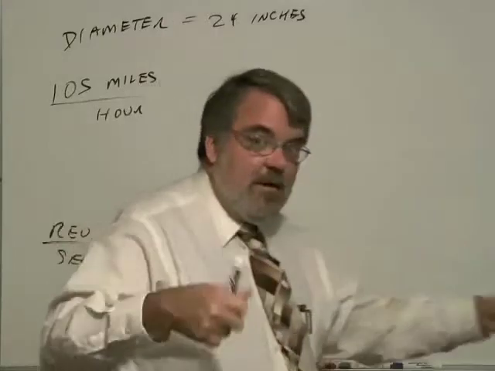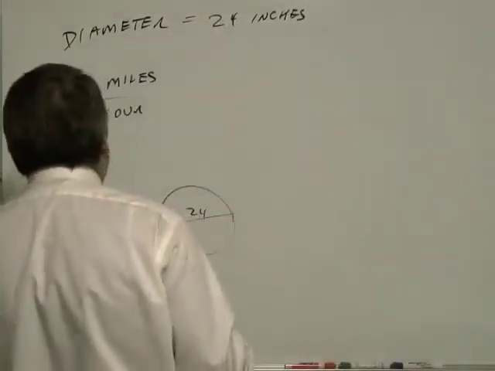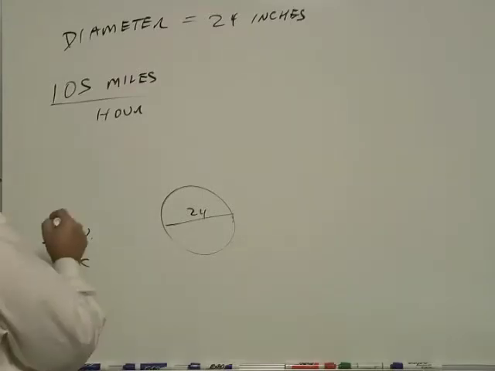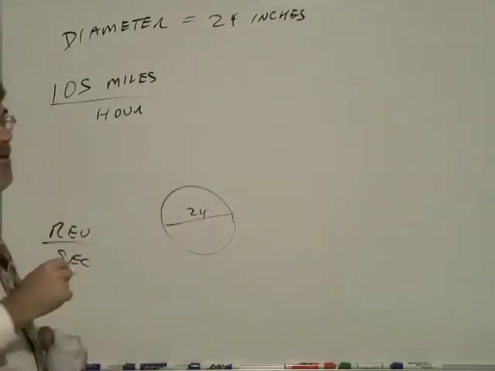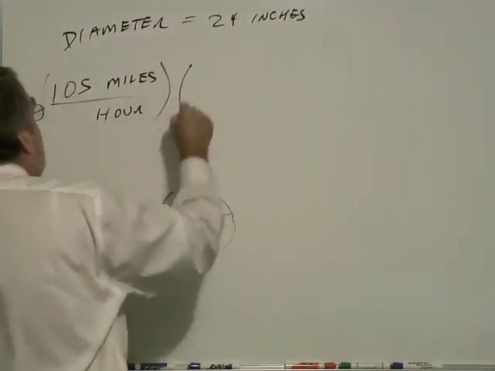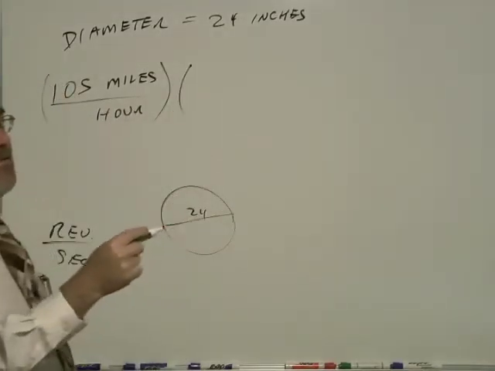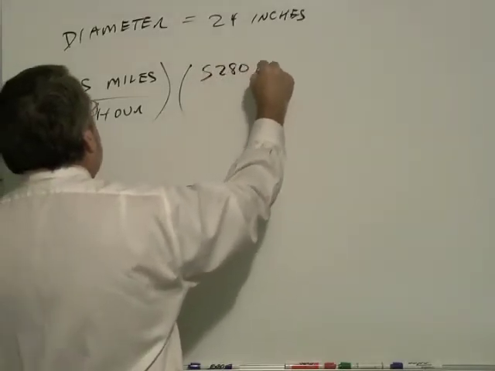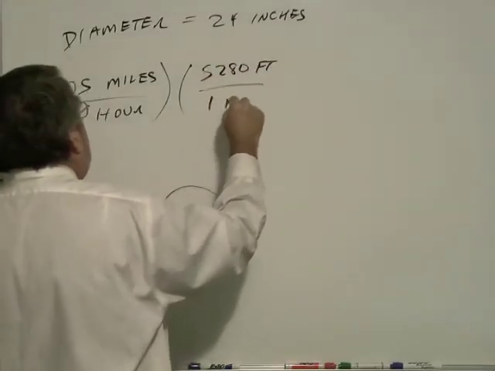Well, okay, so let's try to put all this information together. 105 miles per hour, and my diameter is measured in inches, so I've got to convert miles down to inches. I don't know how many inches there are in a mile, but I do know there are 5,280 feet in a mile.